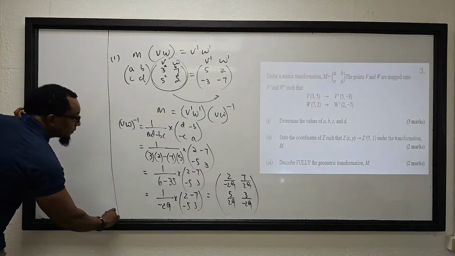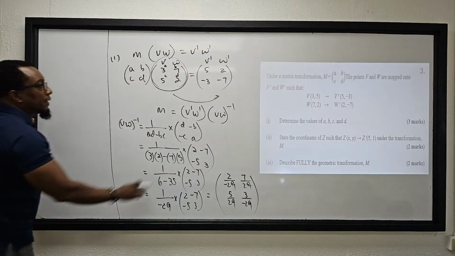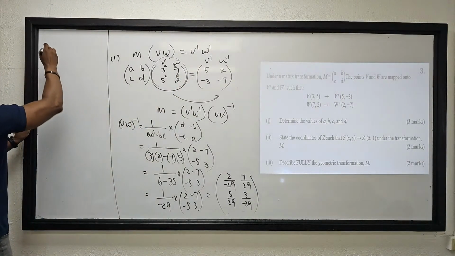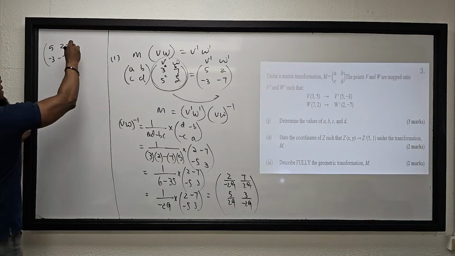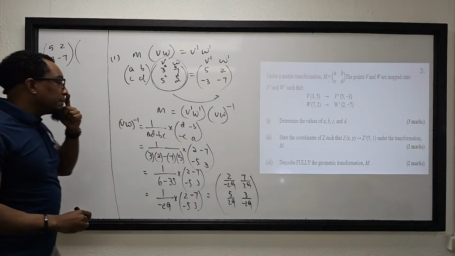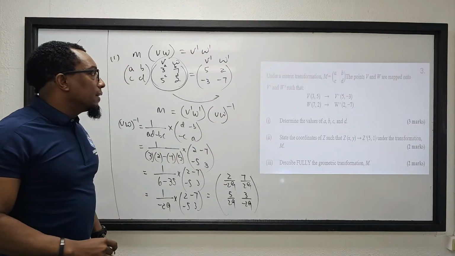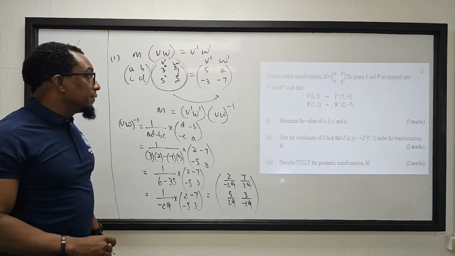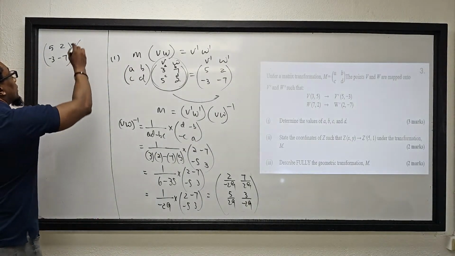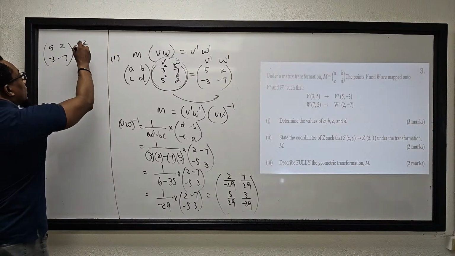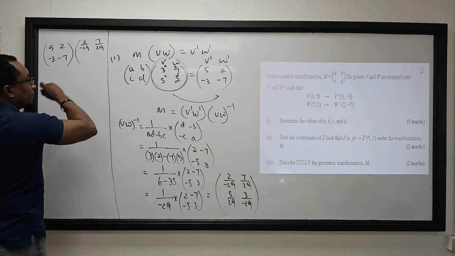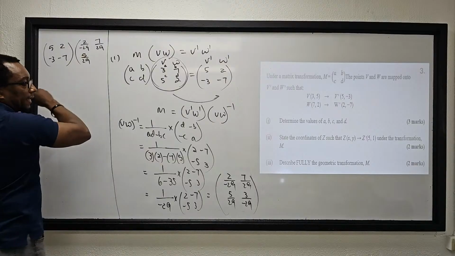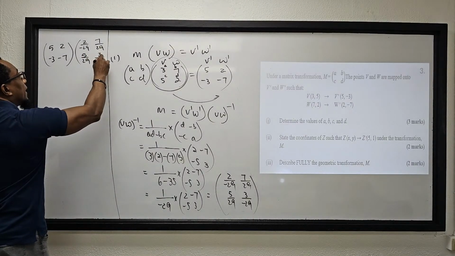V prime W prime we have as 5, 2, negative 3, negative 7. And I'm going to multiply that by the inverse of VW, which is 2 all over negative 29, 7 all over 29, 5 all over 29, and 3 all over negative 29.